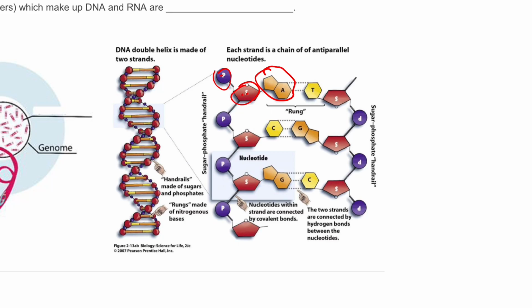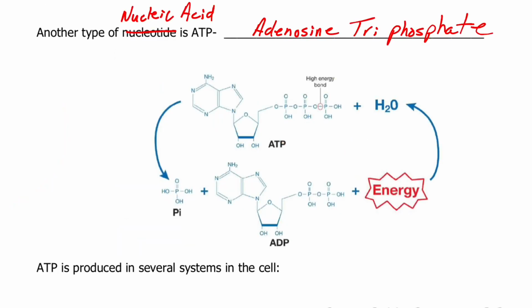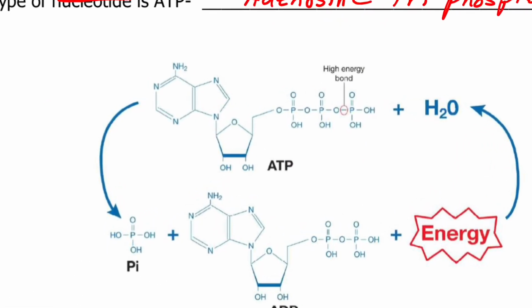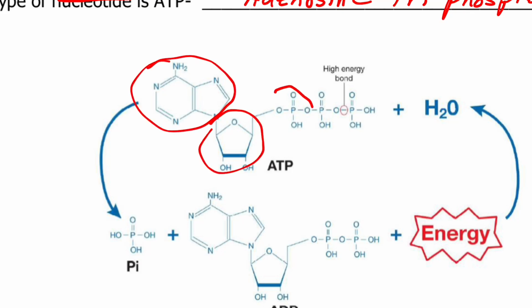Let's see how that compares to ATP. If we look at ATP a little closer, it has a double ring structure right here. It has a sugar, and instead of one phosphate group, this one has 3 phosphate groups. And so it is very much like DNA and RNA.